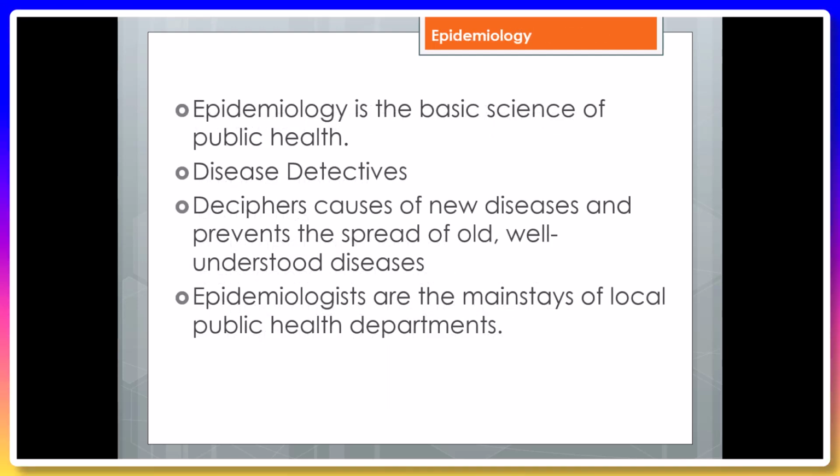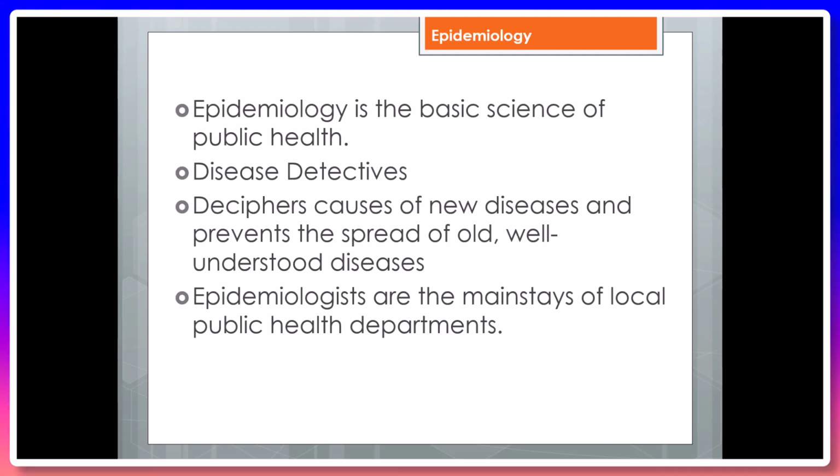Epidemiology is the basic science of public health. Epidemiologists are often described as disease detectives. The study of epidemics is something that they look at. They focus on human populations, usually starting with an outbreak of a disease in a community, and then they look for common exposures in an attempt to seek the causal factors, what caused whatever the epidemic is.